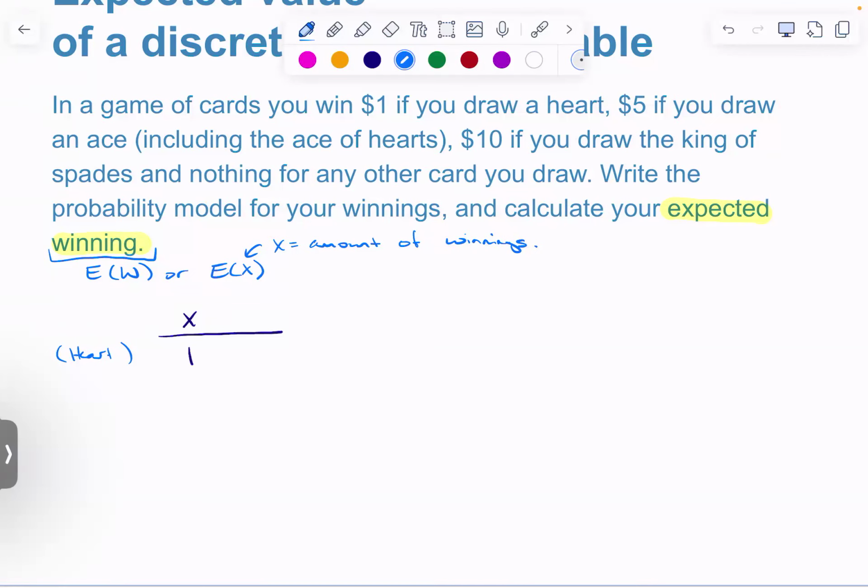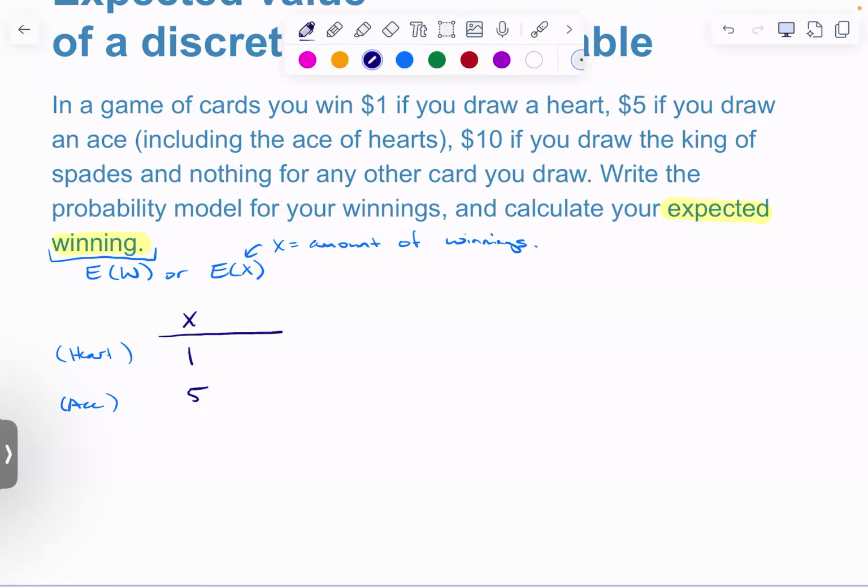You get $1. If you draw an ace, then you don't get the $1, you get $5. Including the ace of hearts. It would make a different model if for the ace of hearts you got $6. But let's ignore that, they don't say that explicitly. So if you get an ace, then you get $5.